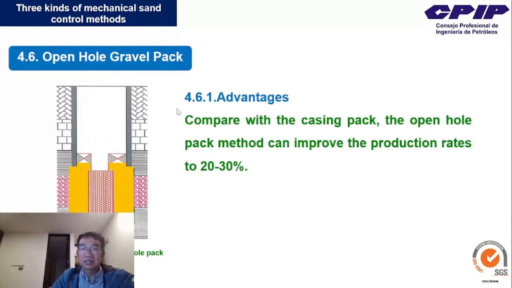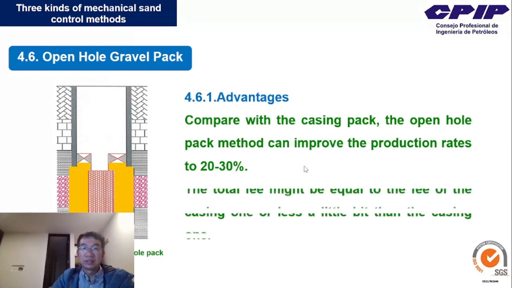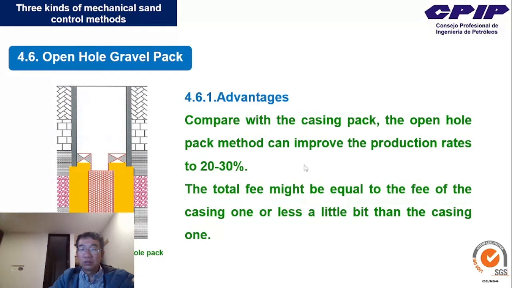This sand control has some advantages. Compared with the casing pack, the open hole pack method can improve the production rate by 20 to 30%, and the total cost might be equal to the cost of the casing one or a little bit less.